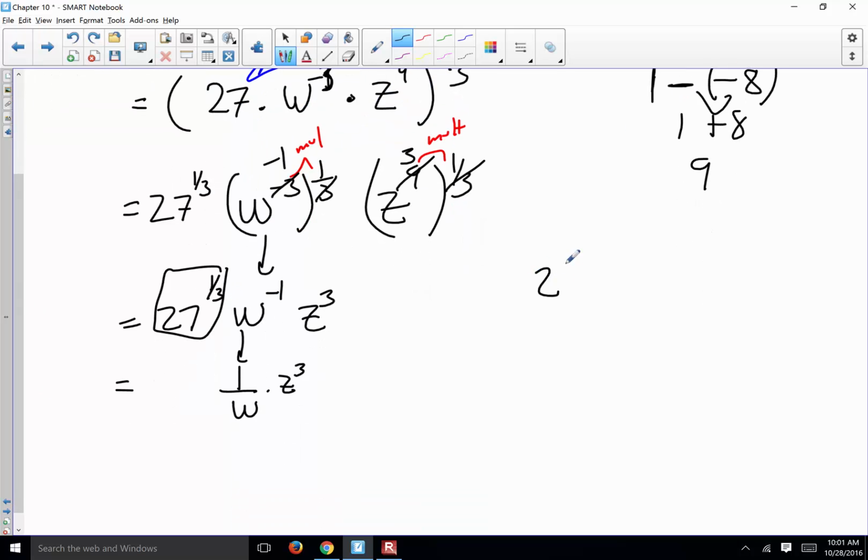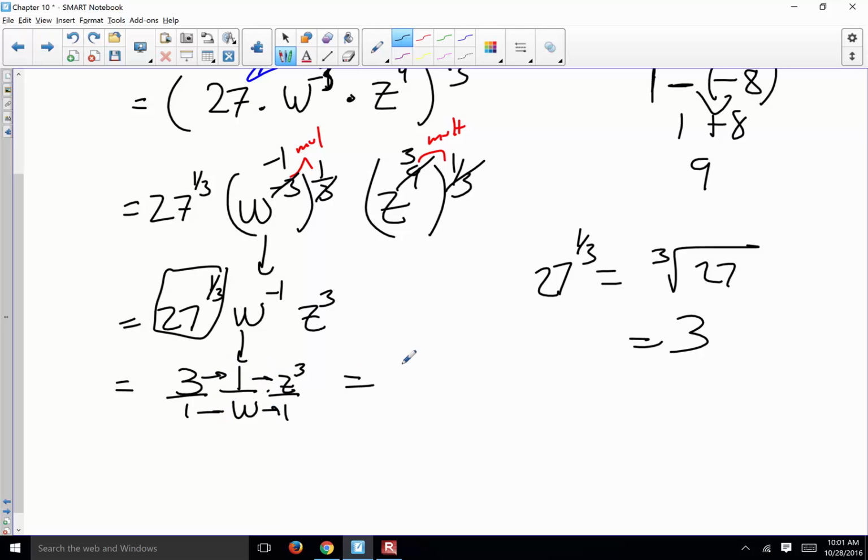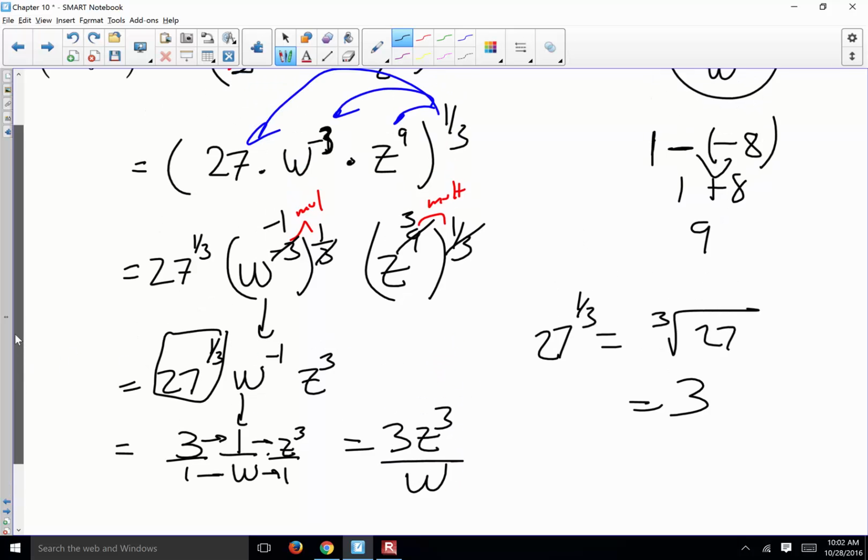Yeah, we need to compute this thing by prison story, right? 1 over 3 means prison guard is cube root of 27. What number multiplies itself to 27 3 times? Oh, there you go. She found it like that. Then we combine all these 3 together by multiplying out. And 3z cubed over w is the answer.